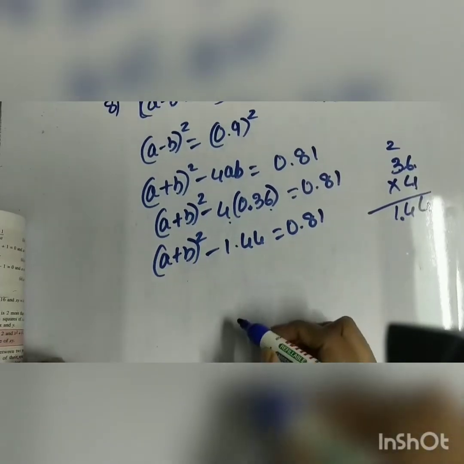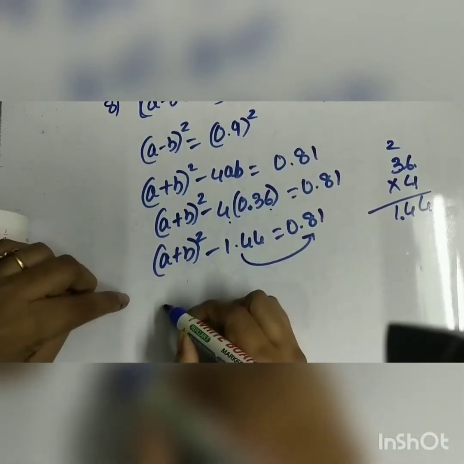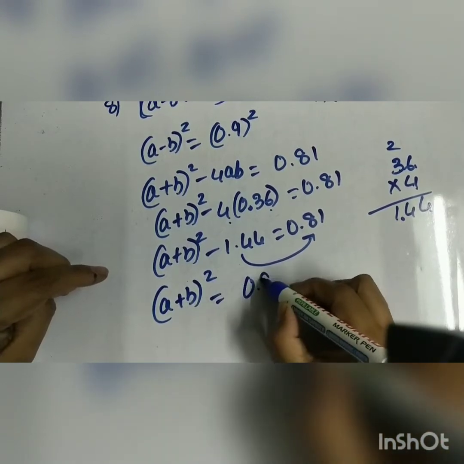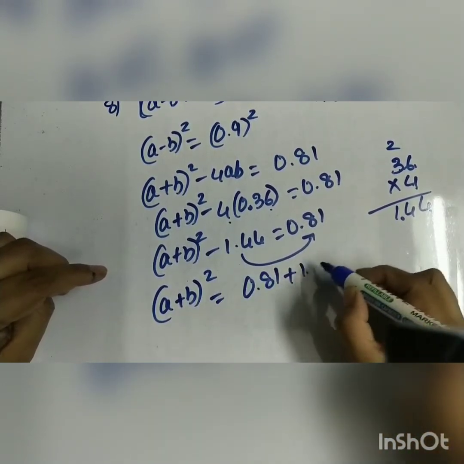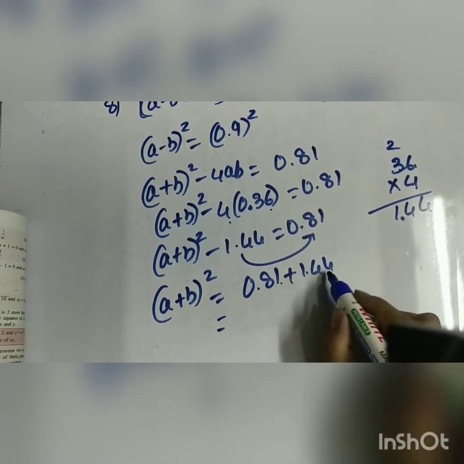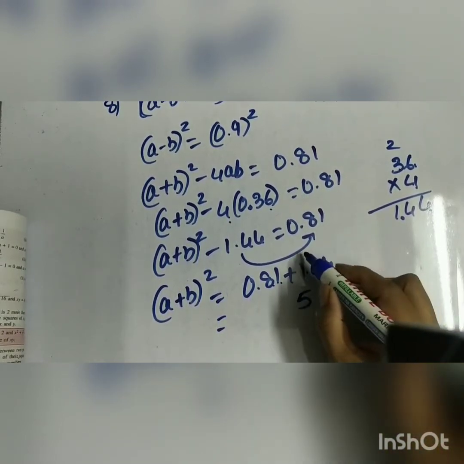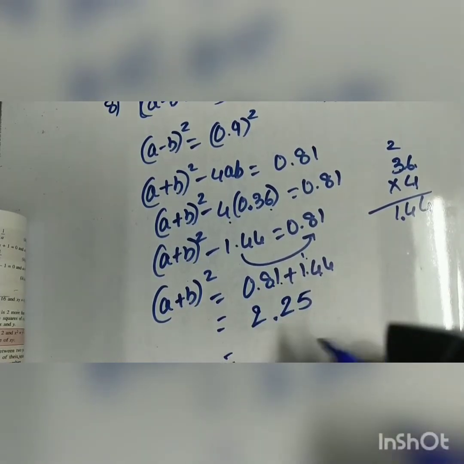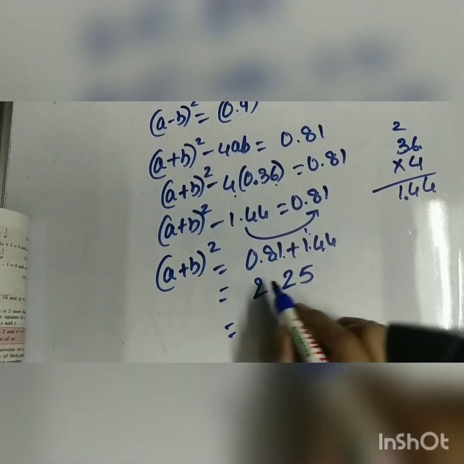Now I am going to shift it this side. The answer I get is a plus b whole square is equal to 0.81 plus 1.44. So further when we add these two things, 4 plus 1 is 5, 8 plus 4 is 12 and 1 plus 1 is 2. So this is the square value, 2.25.